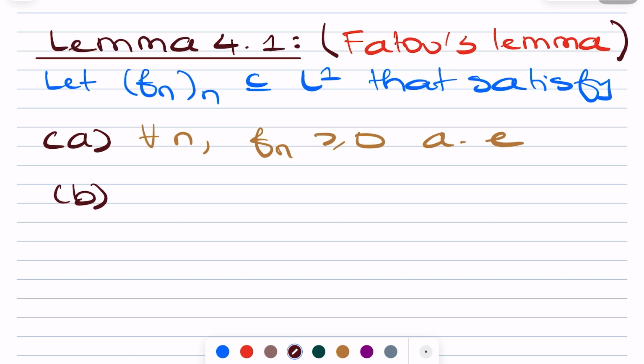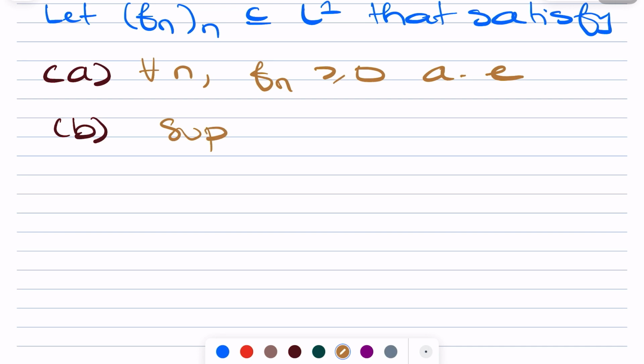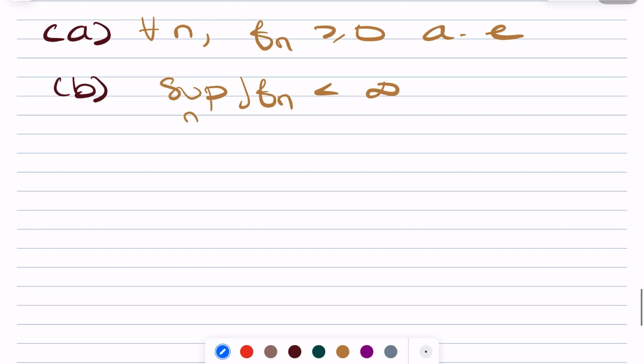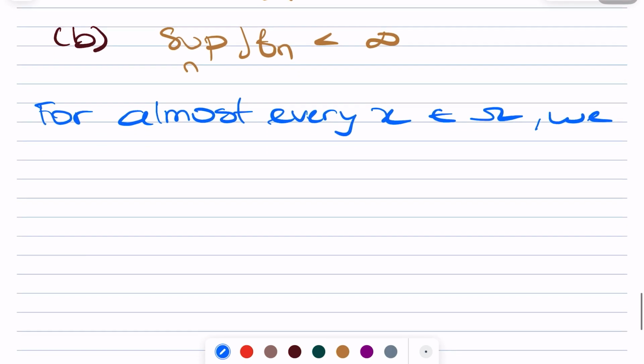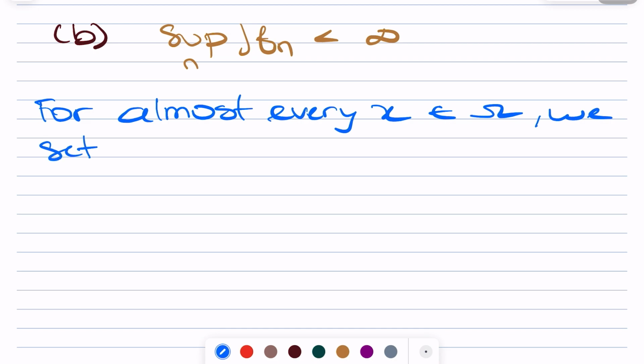And B, the supremum of the integral of Fn is finite. So for almost every x in omega, we set f of x to be the lim inf of the Fn of x, which is less or equal than plus infinity.